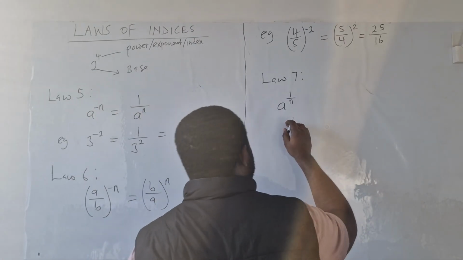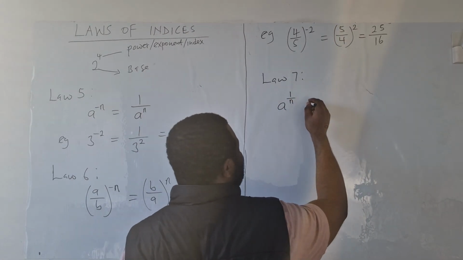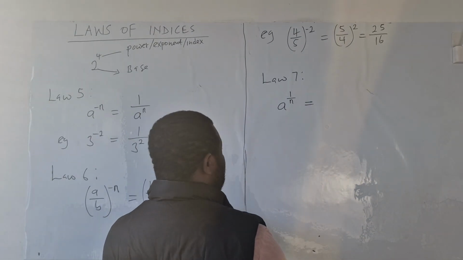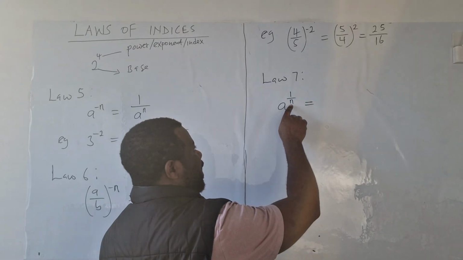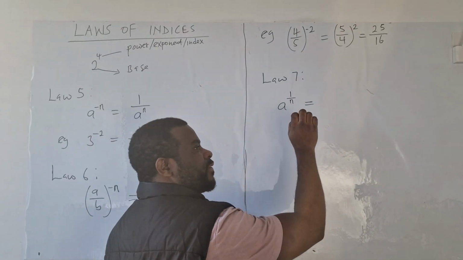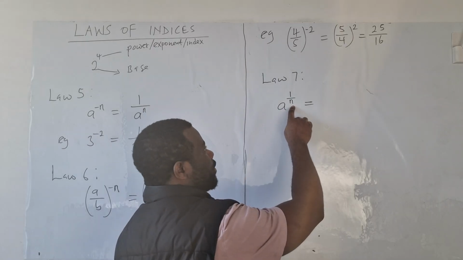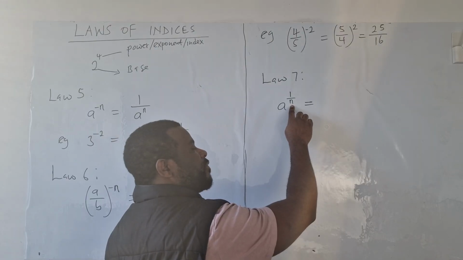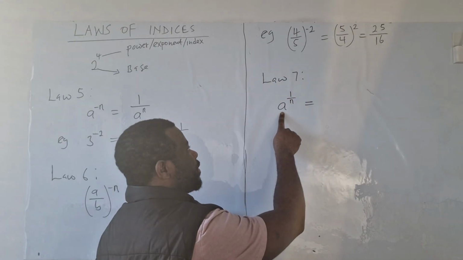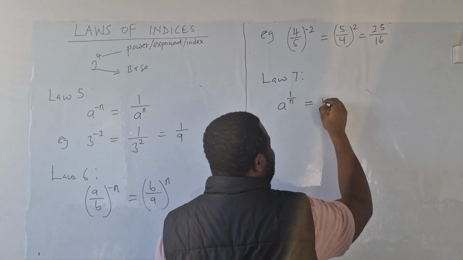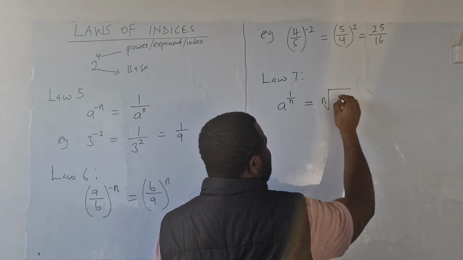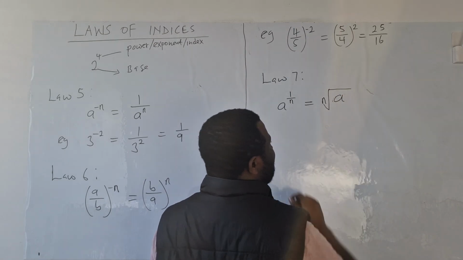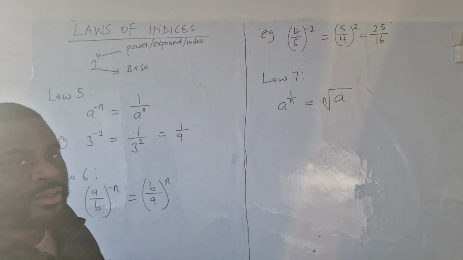This a raised to the power 1 on n is going to give us the nth root of the base a, because the denominator of the fractional power is n.